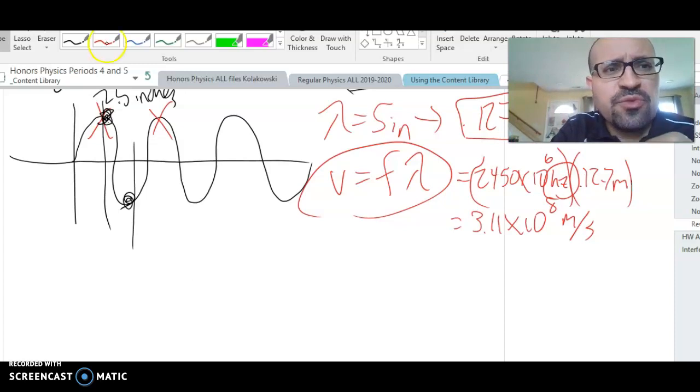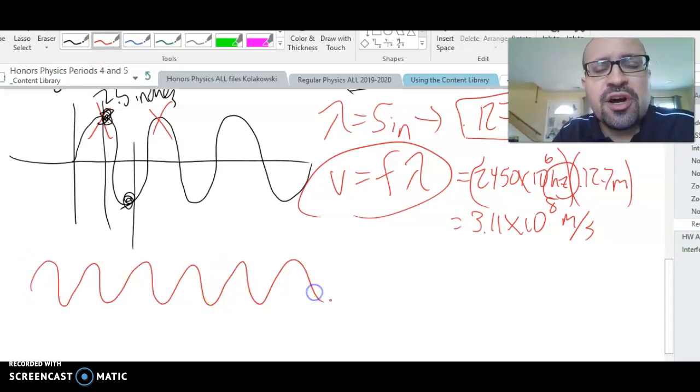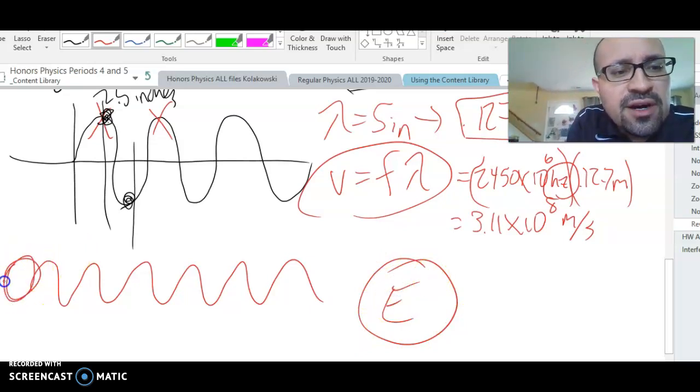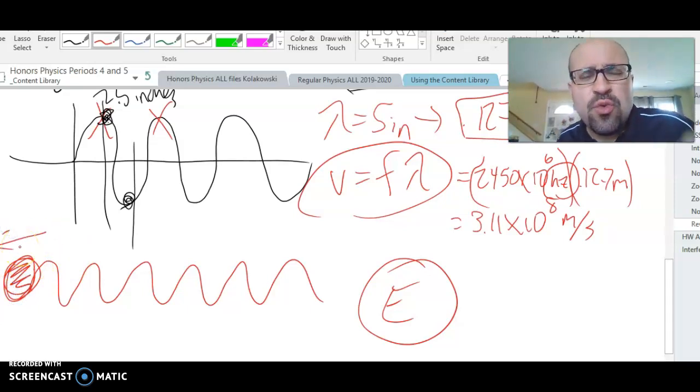So if we imagine we have some red light coming off of a star, and the star is moving away from us, here we are, Earth, and here's the star. The way we detect the signals from that star, so stars are going to give off radiation in pretty much the whole range of the spectrum.